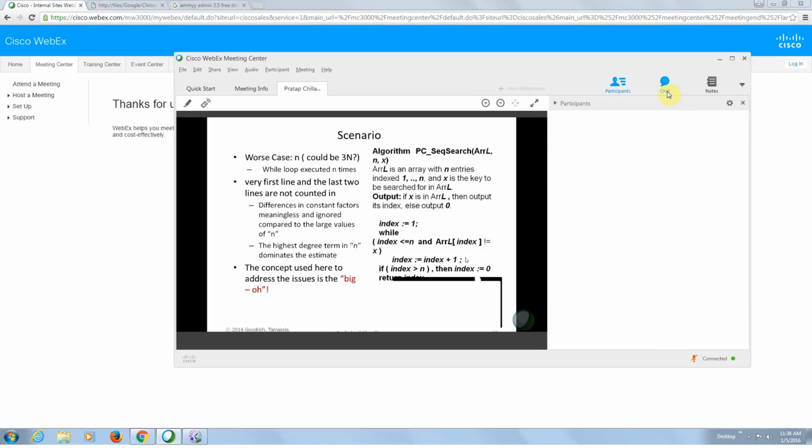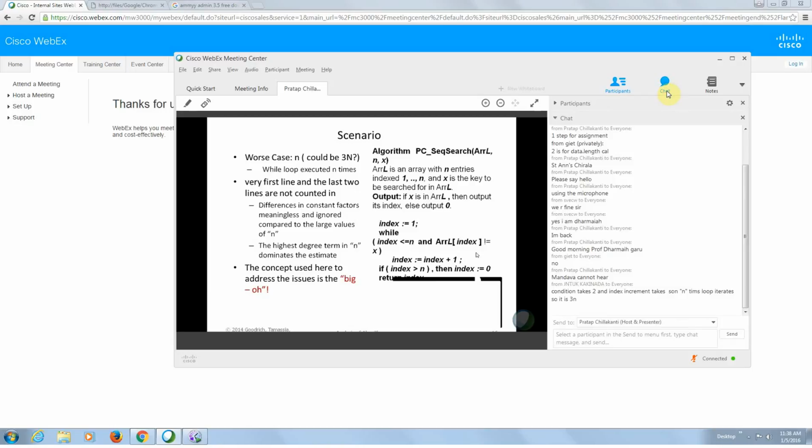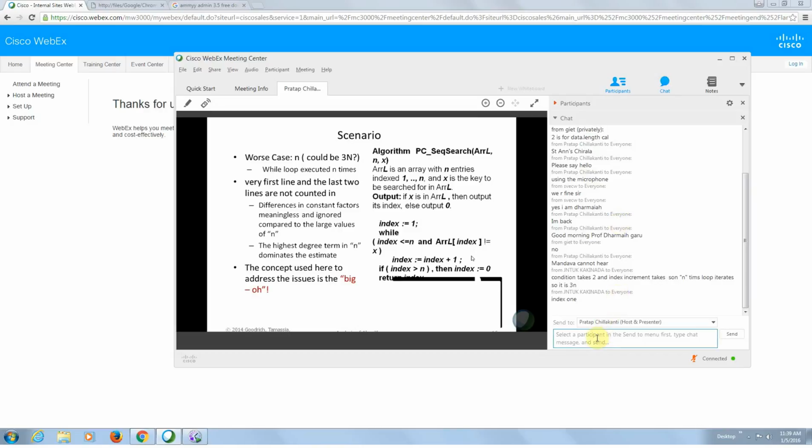So somebody said, oh, it's interesting, that the condition takes 2 and the index increment is 1. Somebody said it is 3n. Guide is saying, no, it cannot be 3n, whereas Jntuk Kakinada said it is 3n.